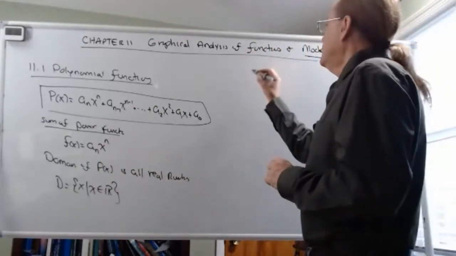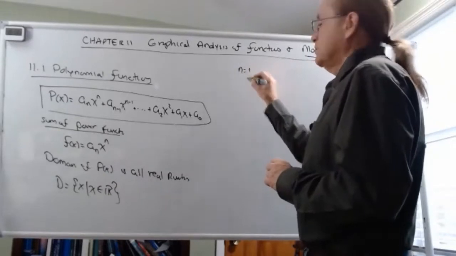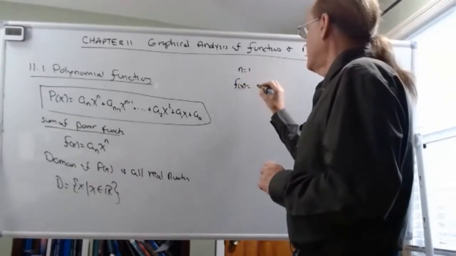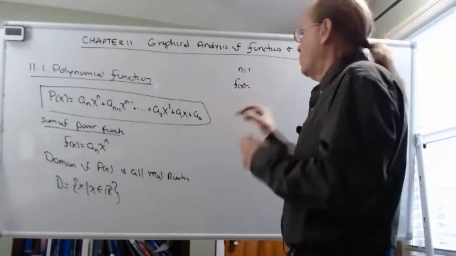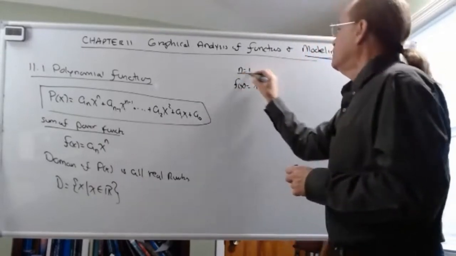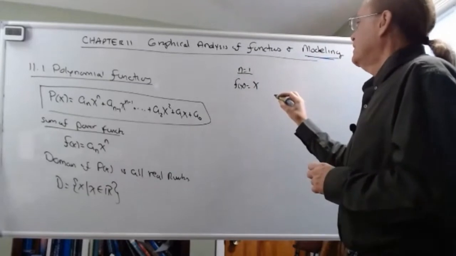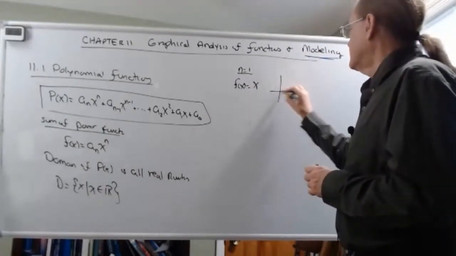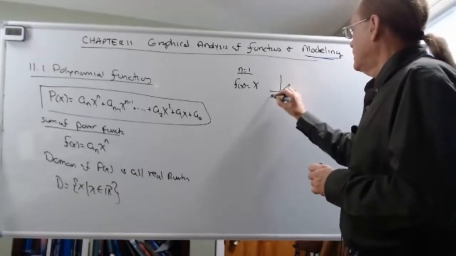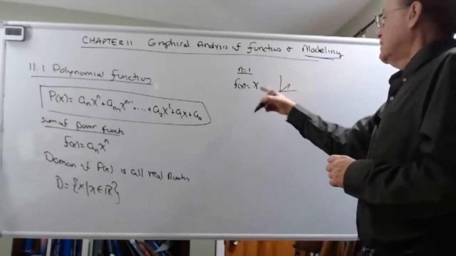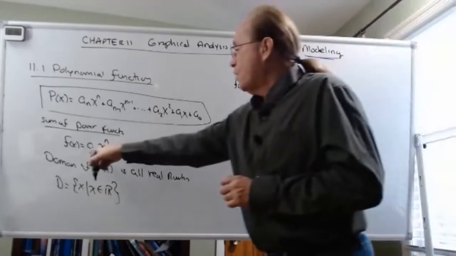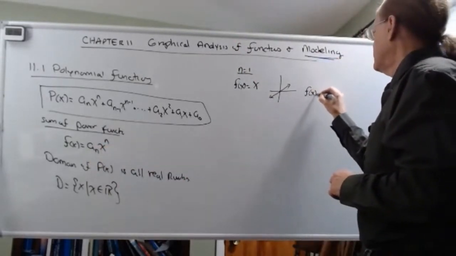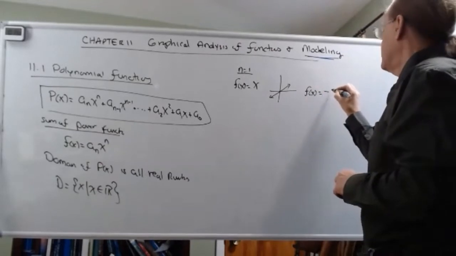For example, let's take a look at n is equal to 1. So you might have your f of x, simply looks like, I'll take a sub n to be 1, x. And look at the graph of that. In this case, one possibility is this. This is my graph of that line of x. Now you could also have the coefficient being negative. So you could have another n is equal to 1, but where say I have minus 1 for that.